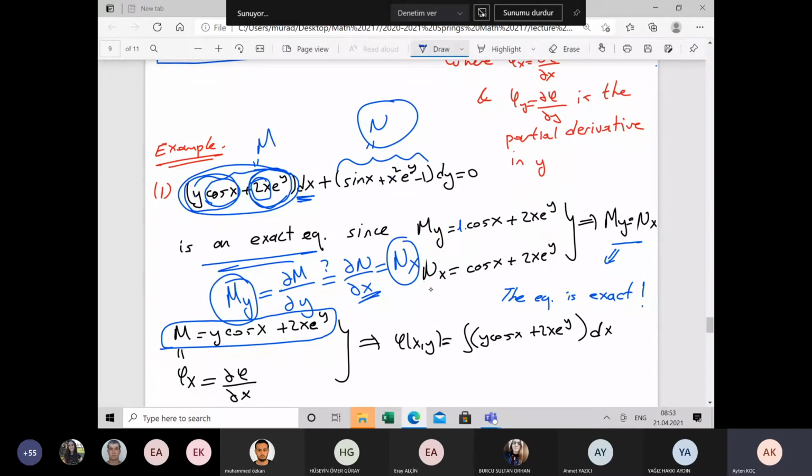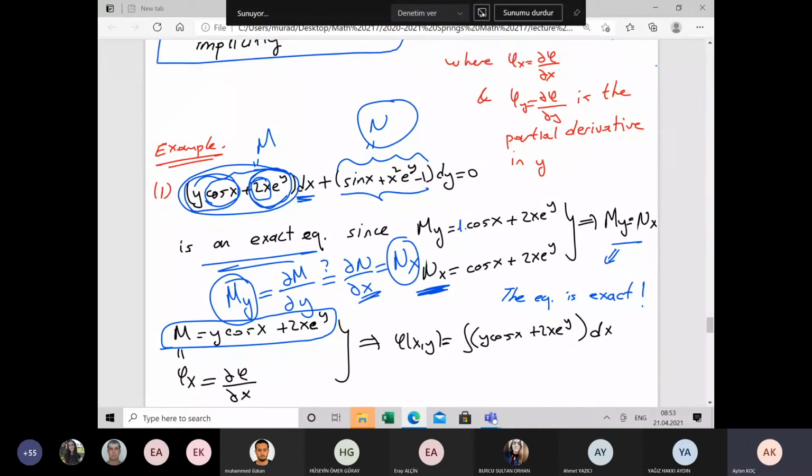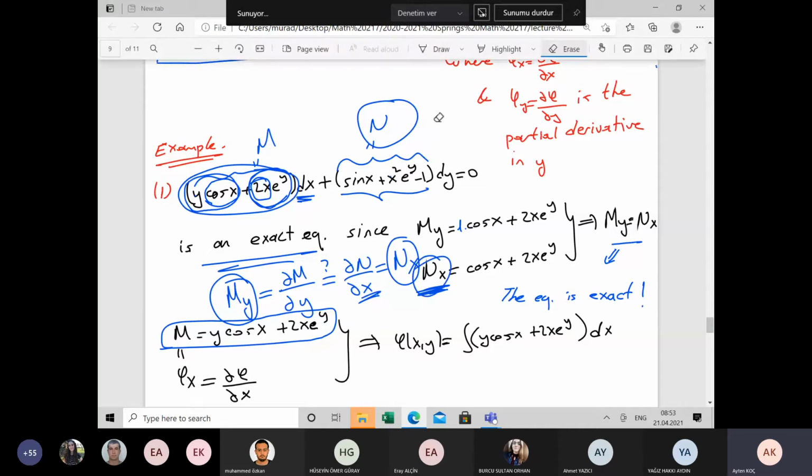Take the coefficient of dy, N, and take the derivative with respect to x, considering y as a constant. So the derivative of sine x with respect to x is cosine x, and for x squared the derivative is 2x times e to the y, and minus 1 plus 0.